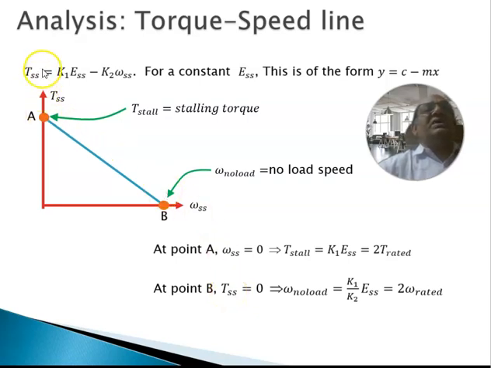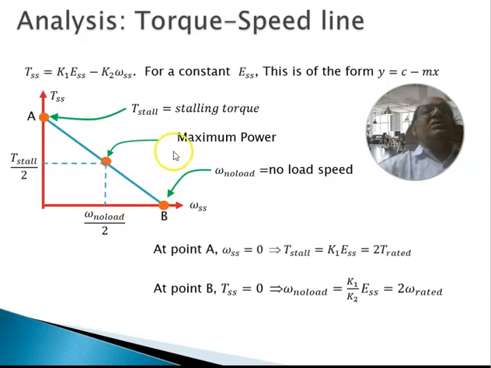When you substitute TSS equal to 0, this omega 1 you can find as K1 over K2 into E, which is twice the rated speed. So midway along the line, somewhere indicated here, you have maximum power. At this point, the speed is no load speed divided by 2, and torque is stalling torque divided by 2. This point refers to maximum power.